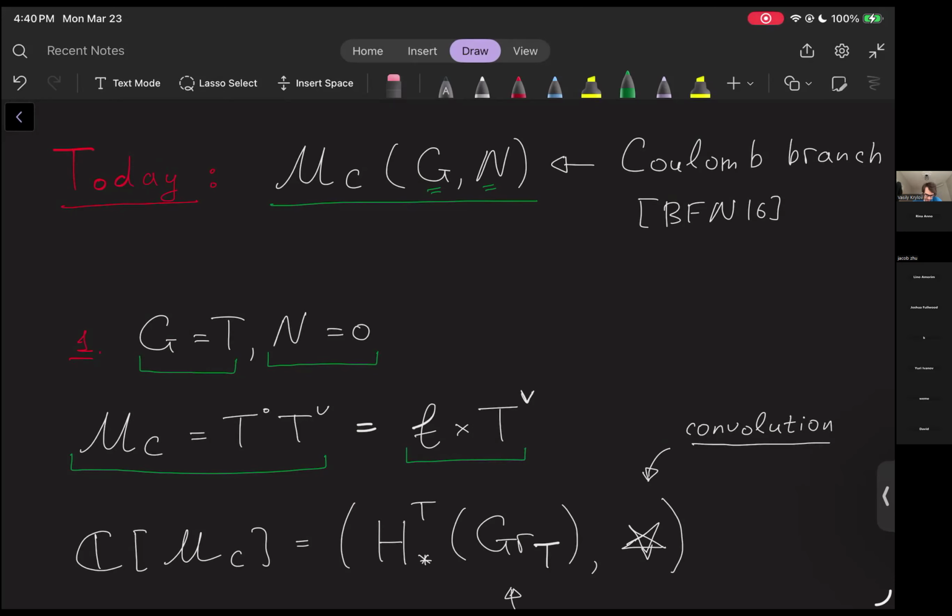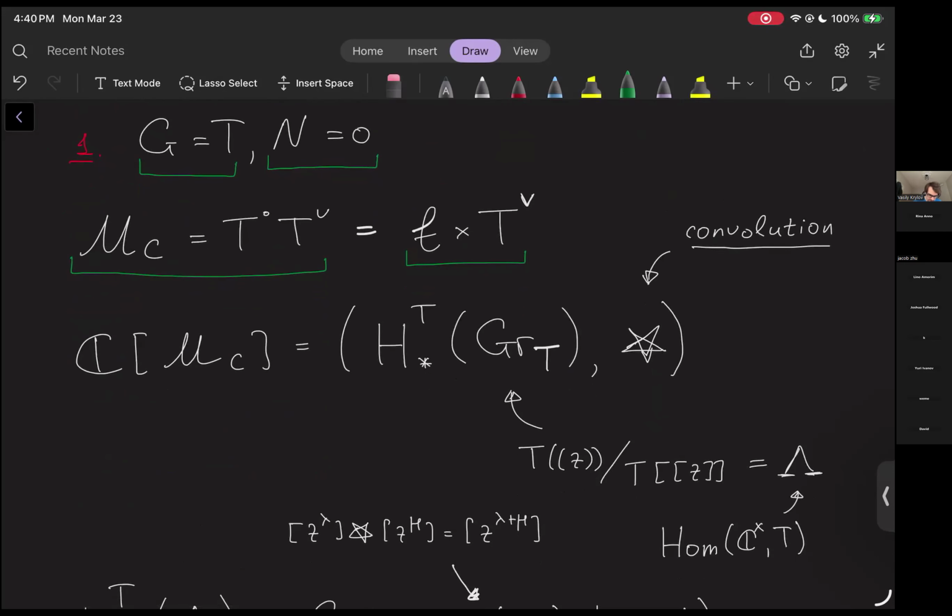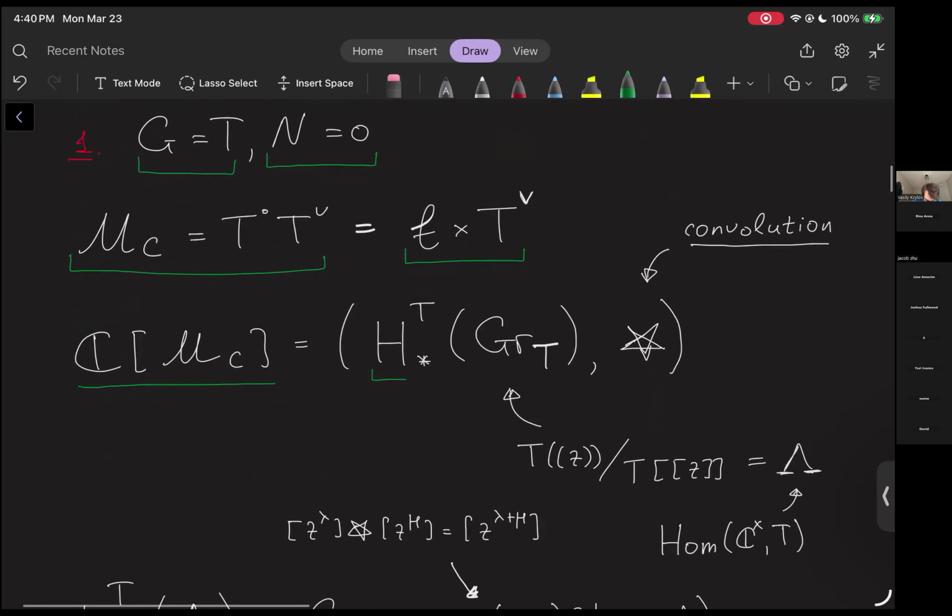But it's useful even in this situation to give a slightly fancier version of this definition. Namely, what we want to say is that functions on the Coulomb branch is the equivariant Borel-Moore homology of the affine Grassmannian for the torus T, and the product structure is given by some convolution product that naturally exists on this space.